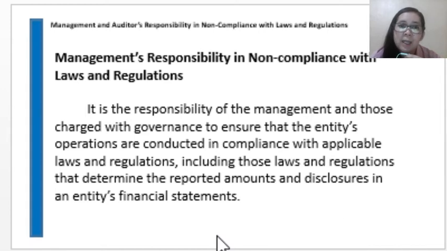Basically, it is their responsibility, together with those charged with governance, to ensure that the entity's operations are conducted in compliance with applicable laws and regulations, or else they will be punished and charged with penalties. It includes those laws and regulations that determine the reported amounts and disclosures in their FS as well.